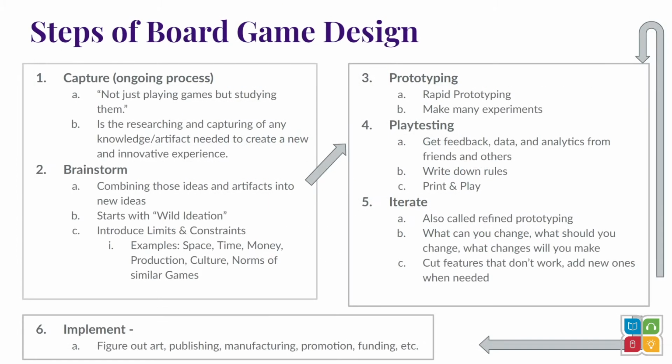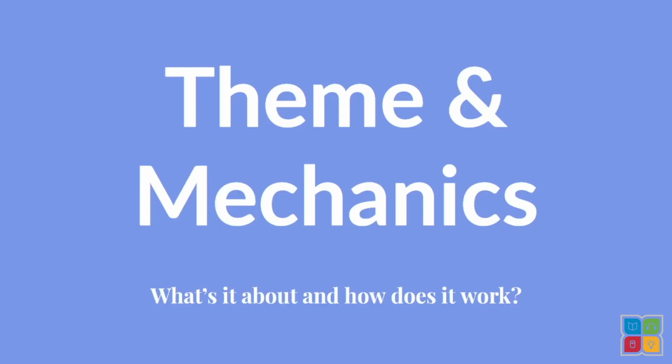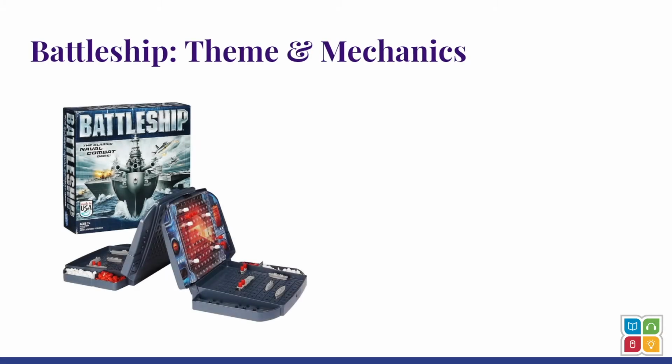Now, let's talk about the first steps of your game and where it all begins, with either a theme or a mechanic. Theme is the unifying idea of a game. You may think of it as the style of the game, the aesthetic and concept that bind a game together. In Battleship, the theme is that you're commanding a fleet of war vessels and seeking to destroy an opposing fleet.